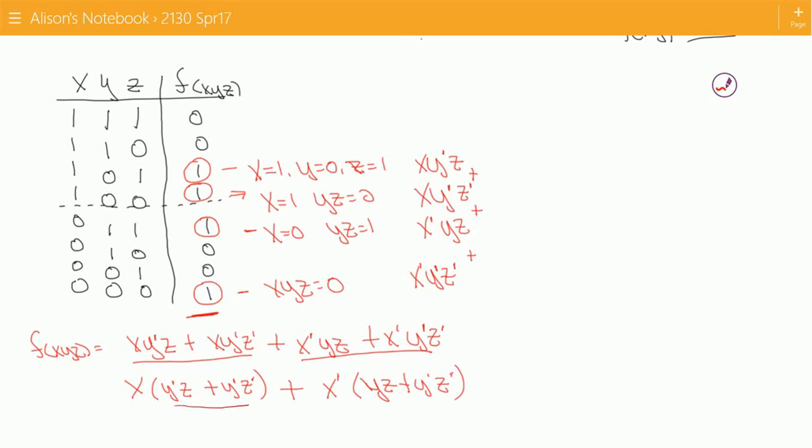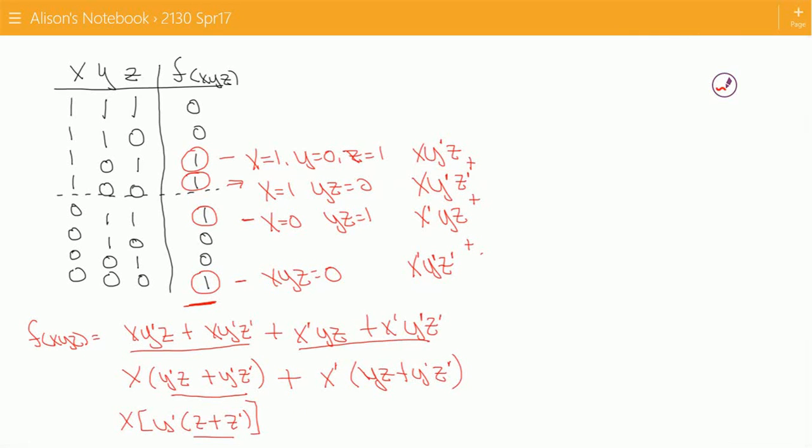Now if I look at this, I see that those two terms actually have a y naught in common. So I am going to factor out the y naught. Now it would be nice if this had a y and a y naught, but it doesn't. So I'm just going to bring that down: x naught, yz plus y naught, z naught.